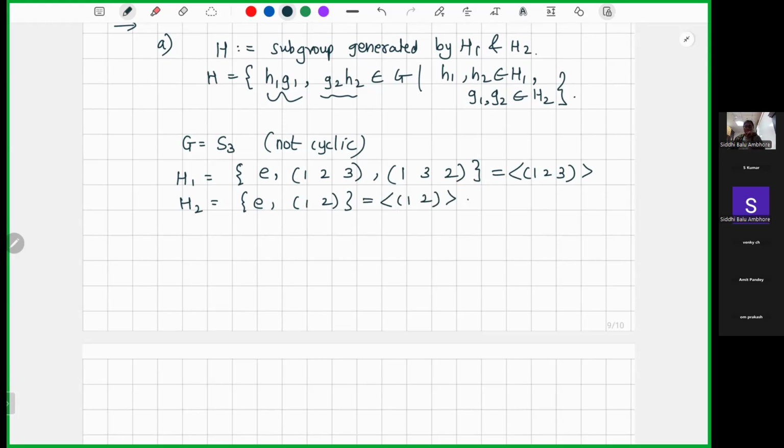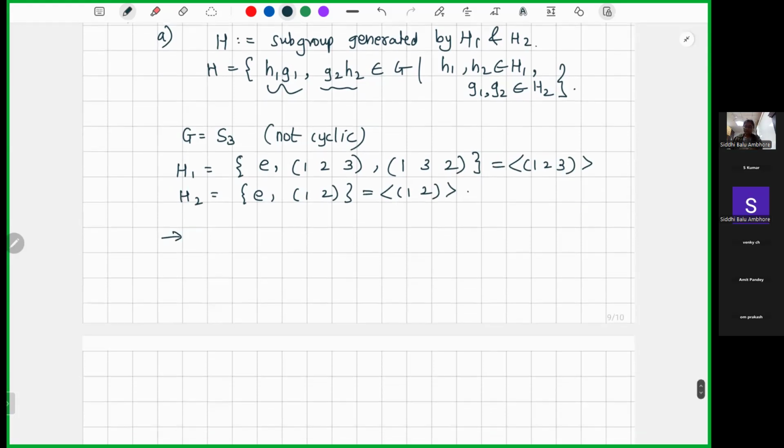Any suggestions? We just have to check H generated by this H1 and H2. So see, if I take the element (1 2 3) and multiply it by (1 2), what will it give me? 1 goes to 2, and 2 goes to 3, and 3 goes to 3, but 3 goes to 1.